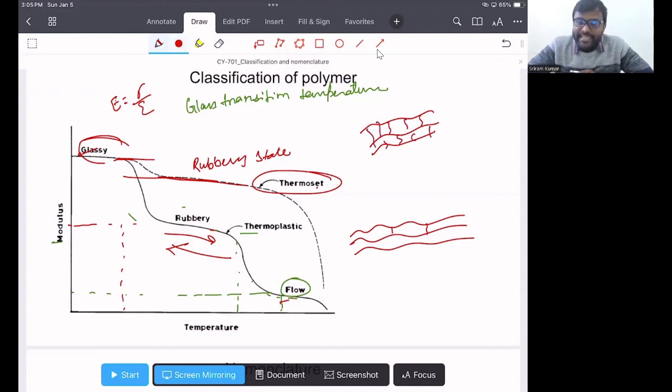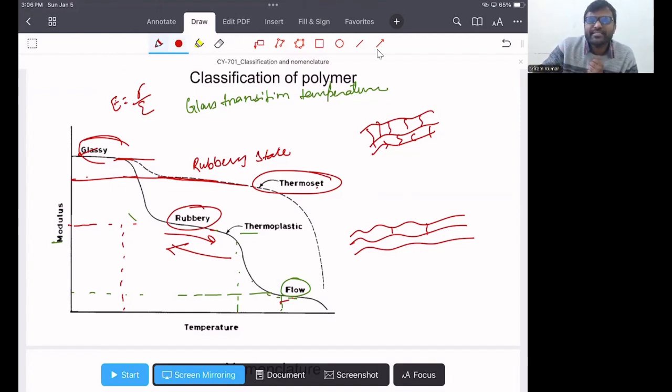Because of the cross-linking, this material has a very high Young modulus. Even in the rubbery state, it has a high modulus compared to the rubbery state of thermoplastics, because thermoplastics have simple structures, and they can easily slide and deform at high temperature.